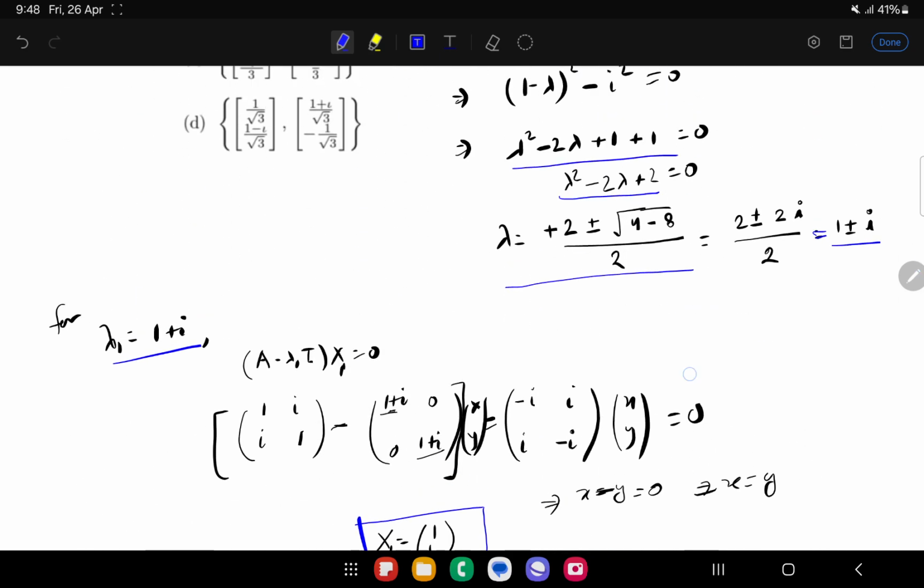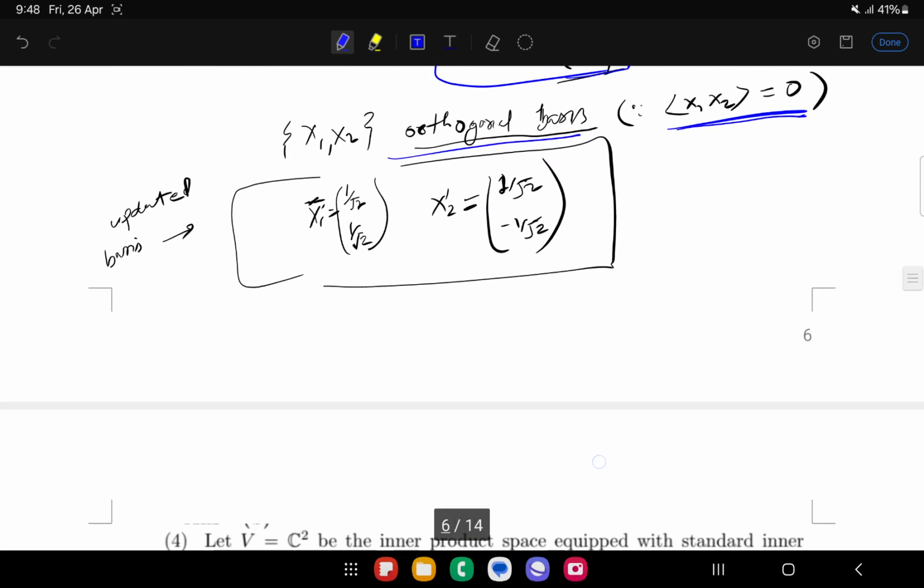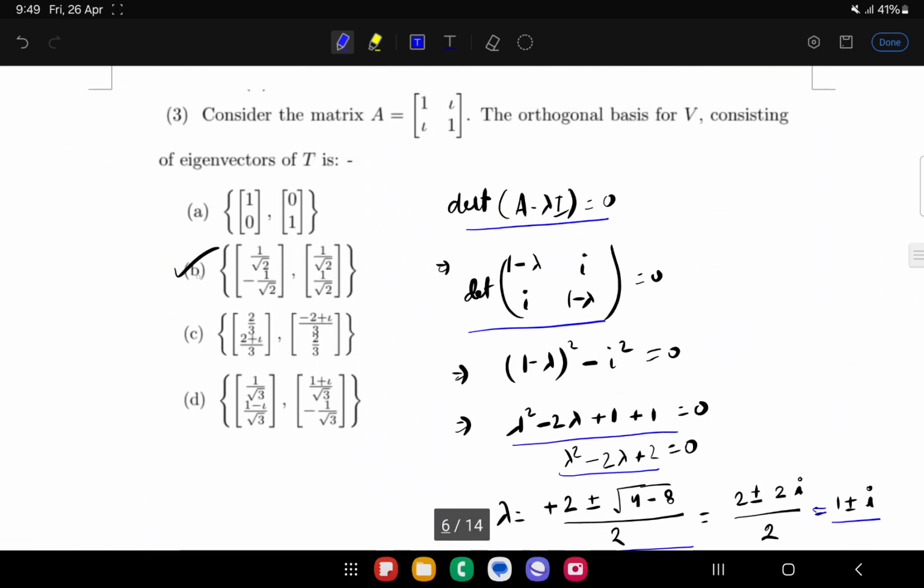But because the options were not like ours, we have to normalize our basis vectors. In x1 I just divided by norm x1, so this was 1, 1 divided by norm x1. Norm x1 was root 2, and in x2, 1, minus 1, I divided by the norm of x2, that was also root 2. So we got the correct option as B.